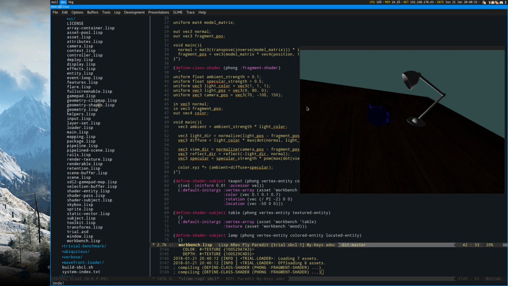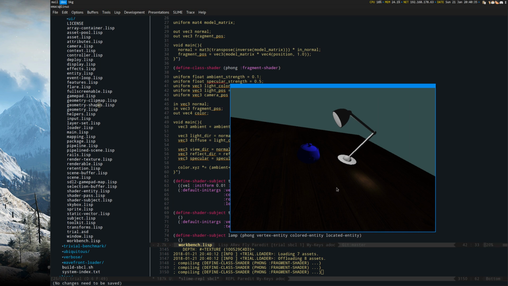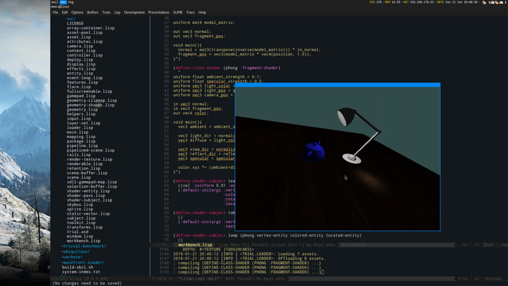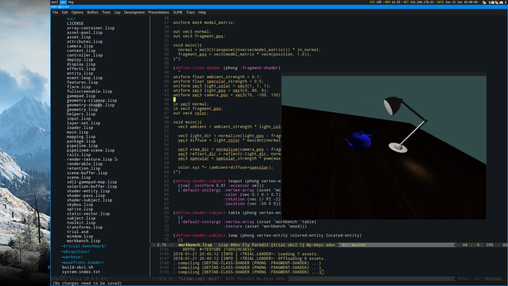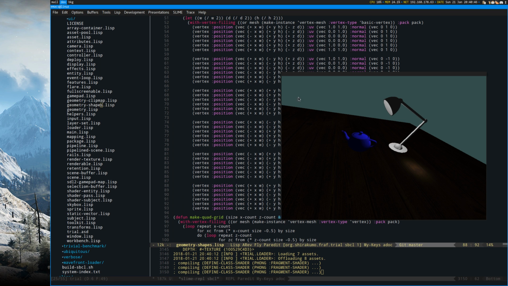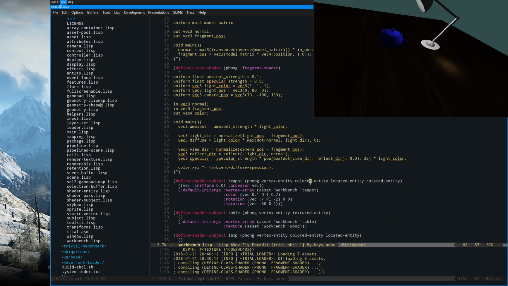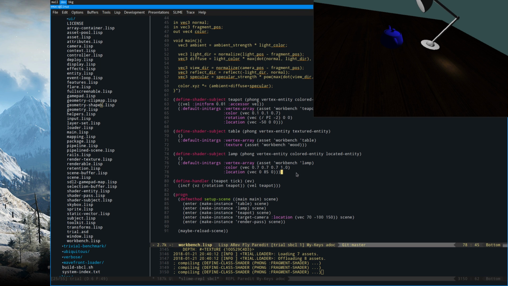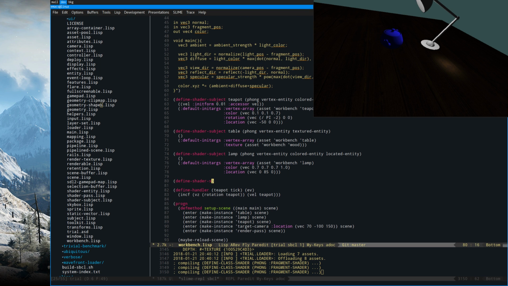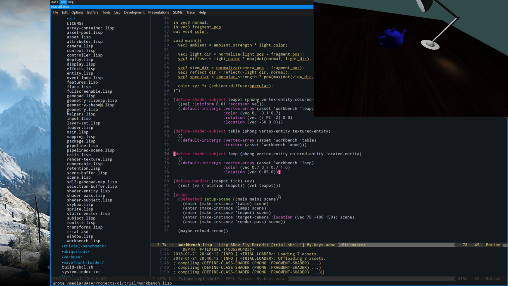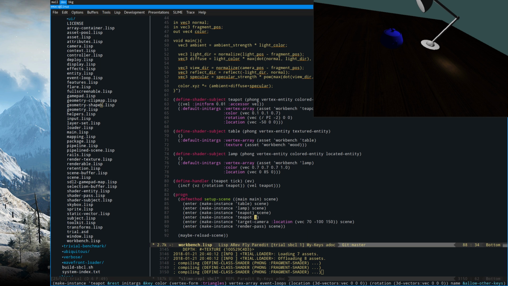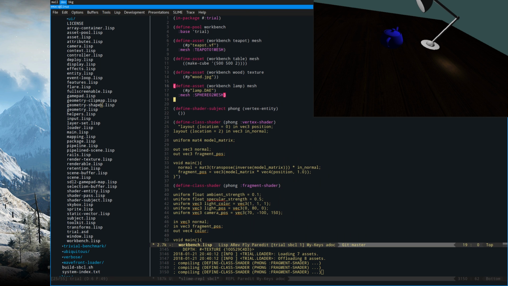Okay. I don't understand why the diffuse isn't really happening though. Odd. Did I screw the normals up? Probably did, but you know. Let's just add a spinning cube real quick.